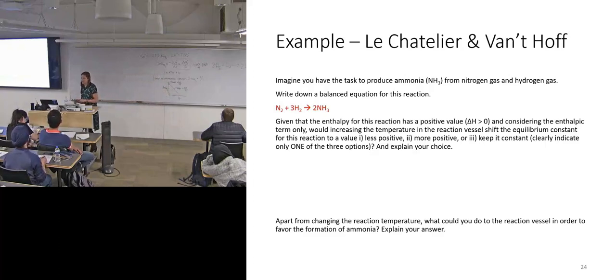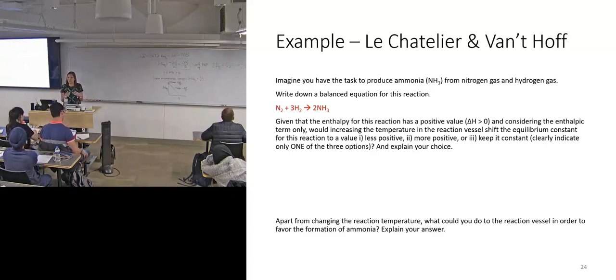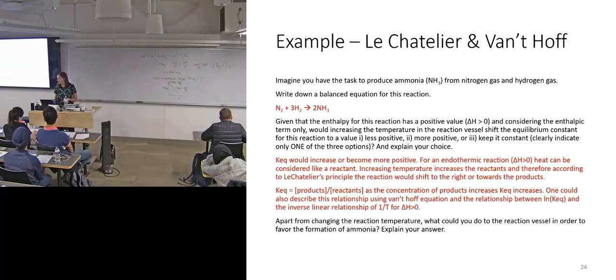The other way to think about it is simply with Le Chatelier, okay? If this equation is endothermic, we think of heat as a reactant. We have to put heat in order for the reaction to proceed forward. So if we raise the temperature and we put in heat, we're going to shift towards the products, right? We're putting in more of that reactant on the reactant side, we want to keep going towards the products to keep it balanced.